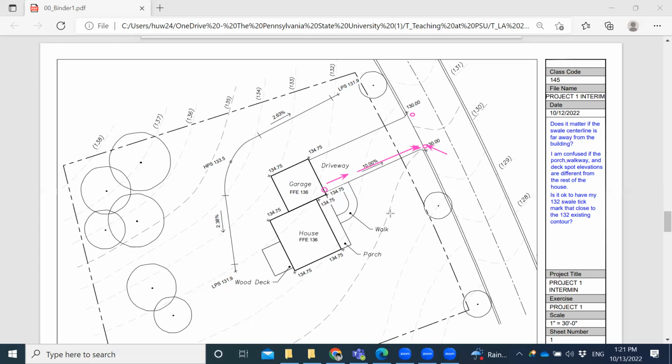When you have that one, the garage FFE would be exactly the same as that spot as you drive in, right? And then you add 0.5 to your garage FFE to get to your house FFE, right?